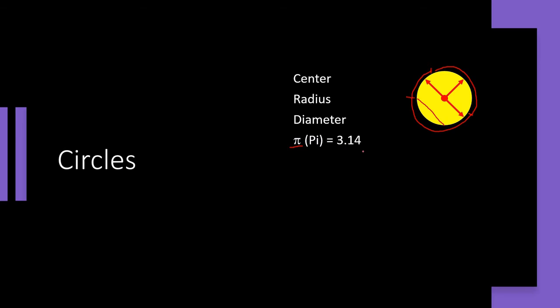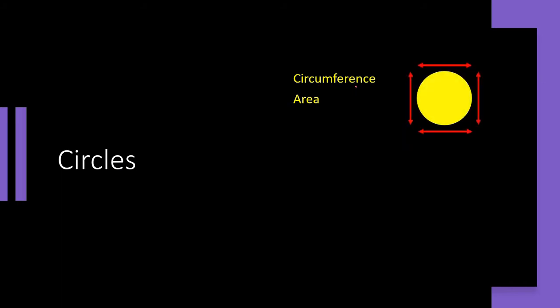Very nice. Now, when it comes to circles, my friends, the two operations that we can do with circles are the circumference and the area. Okay, the circumference of a circle is almost like the perimeter of a polygon. But since the circle is not a polygon, it has its own special version of perimeter, which is called the circumference.